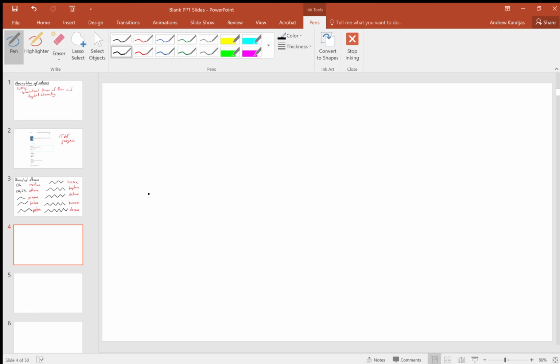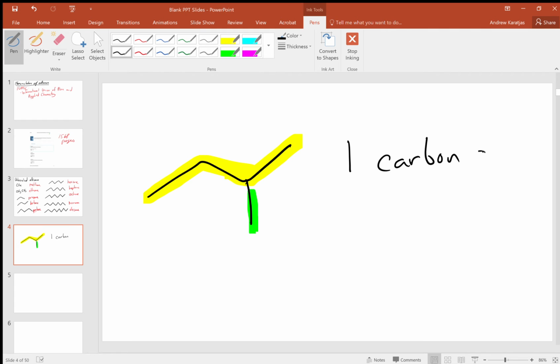So again, we're going to start simple. Here's a 4-carbon chain. And we have a 1-carbon substituent, or a 1-carbon branch.